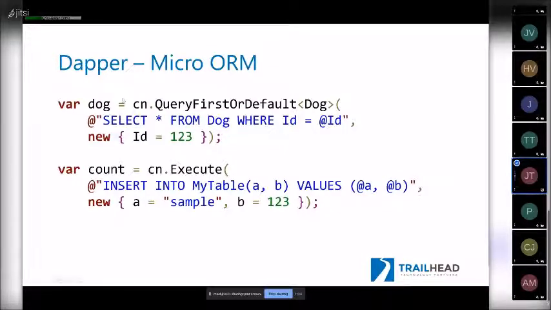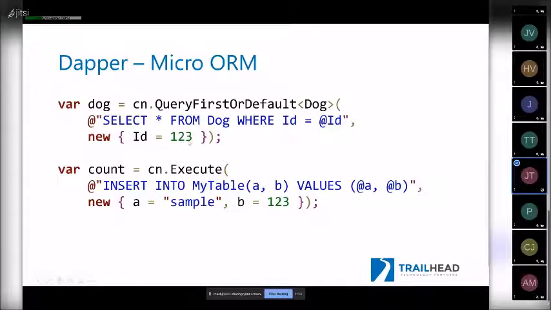Just real quick to show you how something like Dapper would work. You create a SQL connection or some other kind of database connection object, and then right directly on that connection object, there's a bunch of extension methods, like this QueryFirstOrDefault. You pass it a generic type that you want the results to be, and then you give it a SQL query. In this case, I've just got it defined like a hard-coded SQL string, but you can see it is parameterized with the @ID and then passing in the parameter ID equals 123.